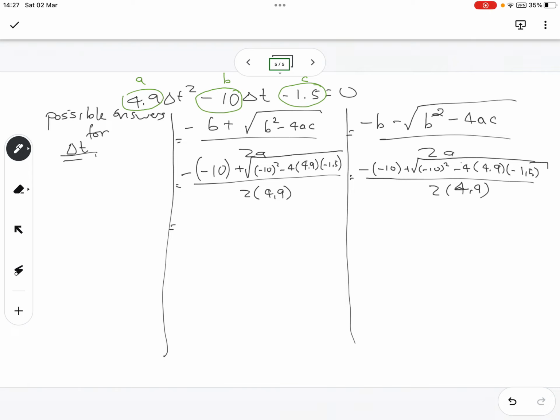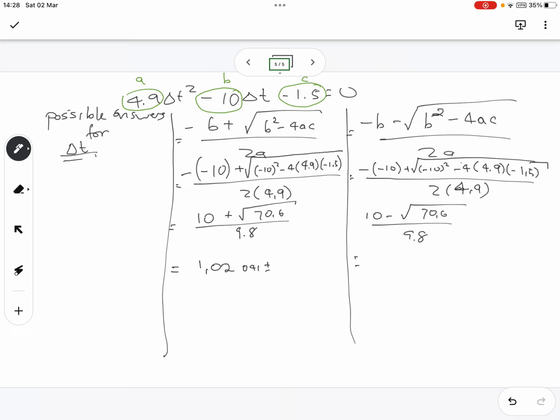All this over 2 times 4.9. Then we have 10 plus, I guess, the square root of 70.6. If you work that out with a calculator, equals 9.8, and also 10 minus the square root of 70.6 over 9.8.